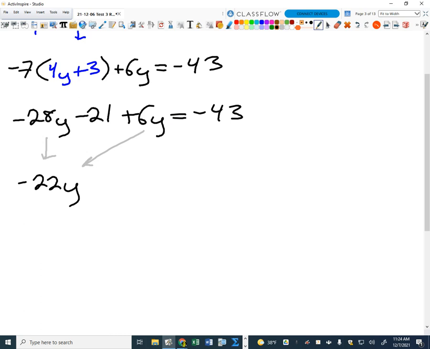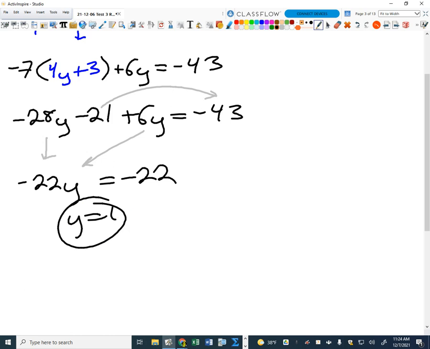What do I do with 21? Add to both sides. Okay, I'm going to add that over there, right? Push it to the other side. And then I'm going to end up getting, if I do that, -43 plus 21 works out to be -22. Okay, so Lucas, what's the value of y? 1. Good. So we get y equals 1.